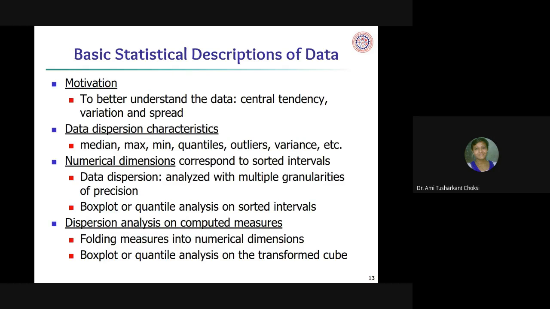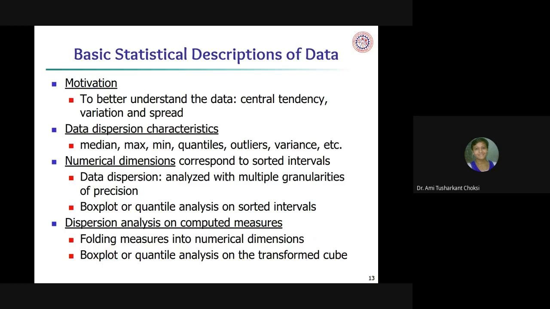So now the basic statistical descriptions of the data. The motivation is to better understand the data: central tendency, whether the data is available around the mean, its variation, its spread, right?